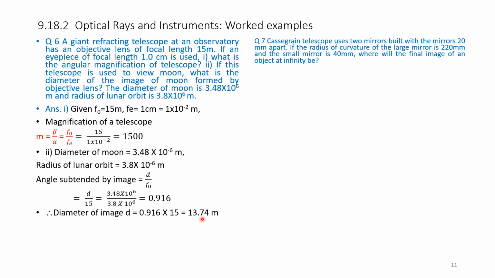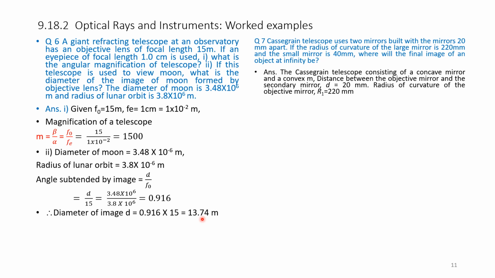Here the object, that is some terrestrial body, is at infinity, and we have two mirrors, one large mirror whose radius of curvature R1 is 220 and R2 is 140 mm, and we have to find the final image of the object.